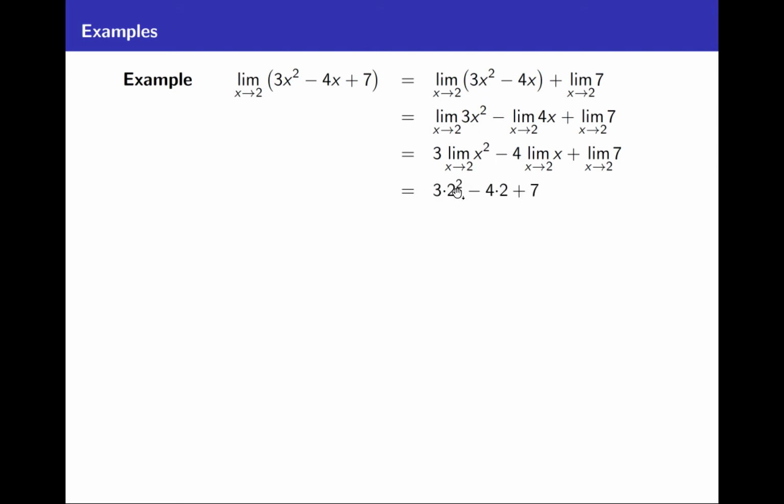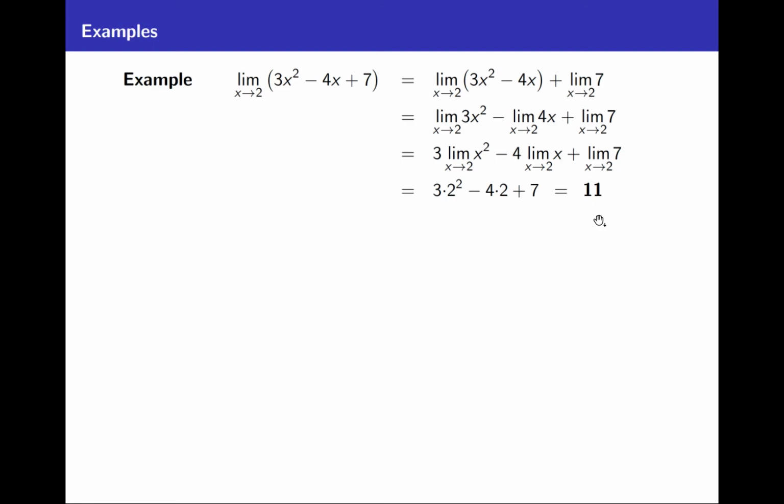That's 2 squared, minus 4 times the limit as x approaches 2 of x. The limit as x approaches 2 of x is 2, so 4 times 2. And the limit as x approaches 2 of 7 is 7 from one of our limit laws. So now we've got something that we can just add up, and you get 11. So here we've shown that the limit as x approaches 2 of 3x squared minus 4x plus 7 equals 11.